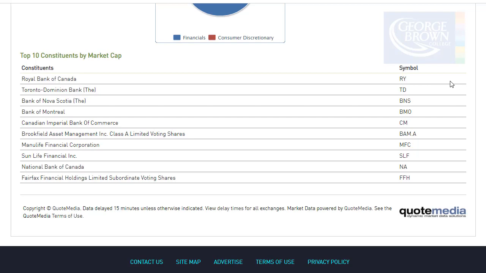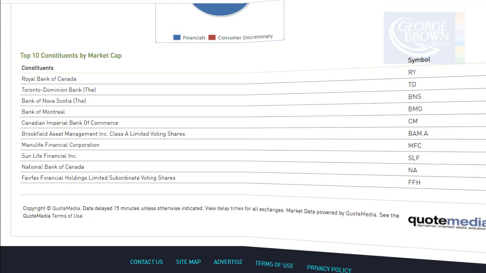Now again, they're the top 10 by market capitalization, which is the number of common shares outstanding times the market price. So Royal Bank of Canada, not only the largest financial company by market cap, but it's also the largest company in Canada by market capitalization.